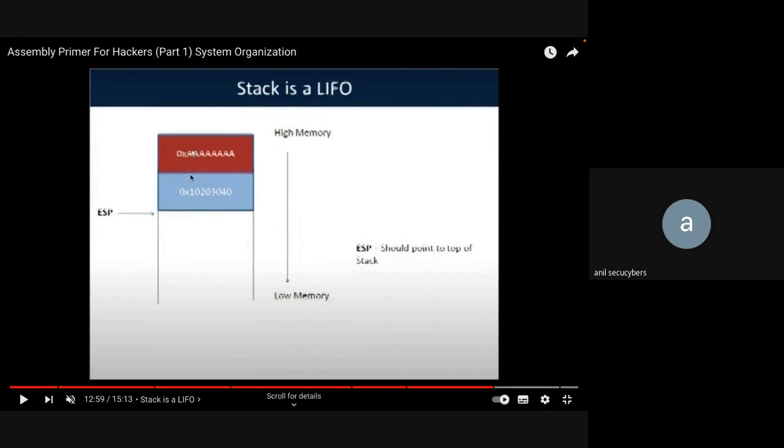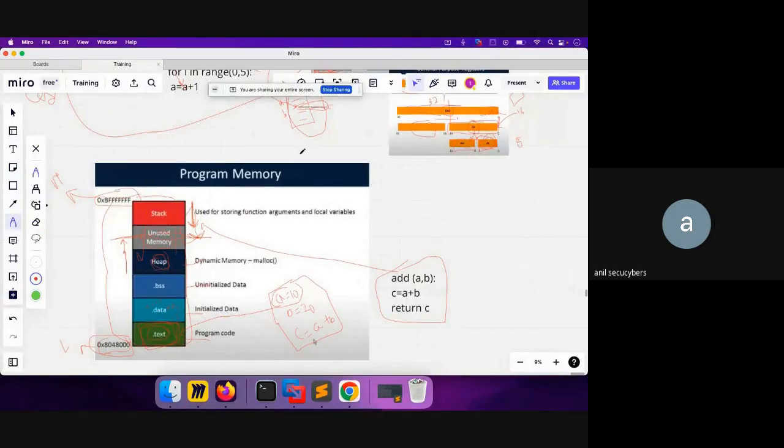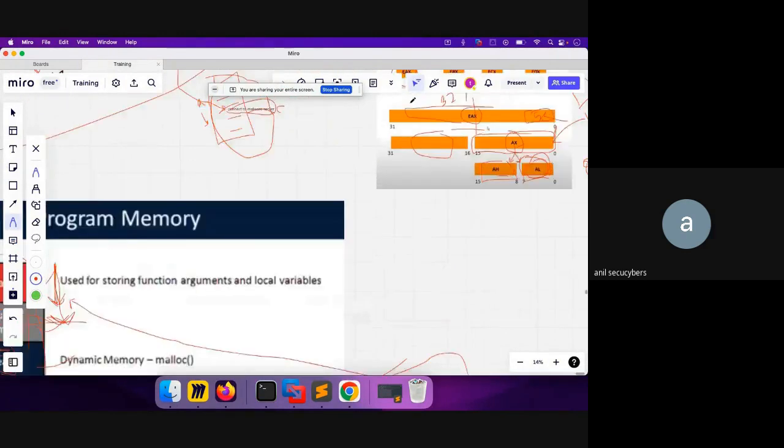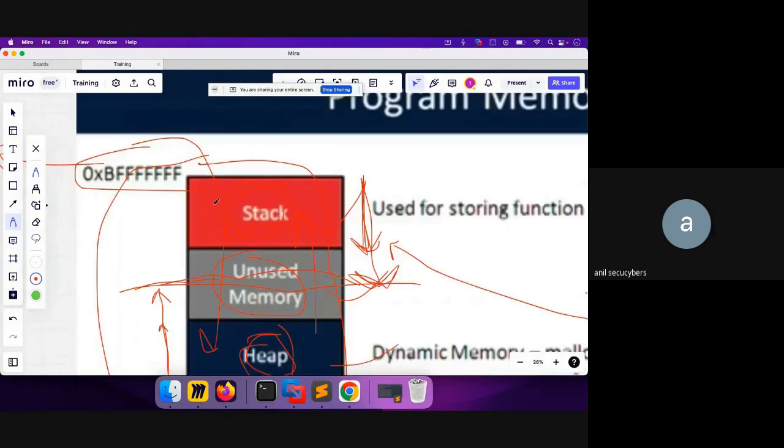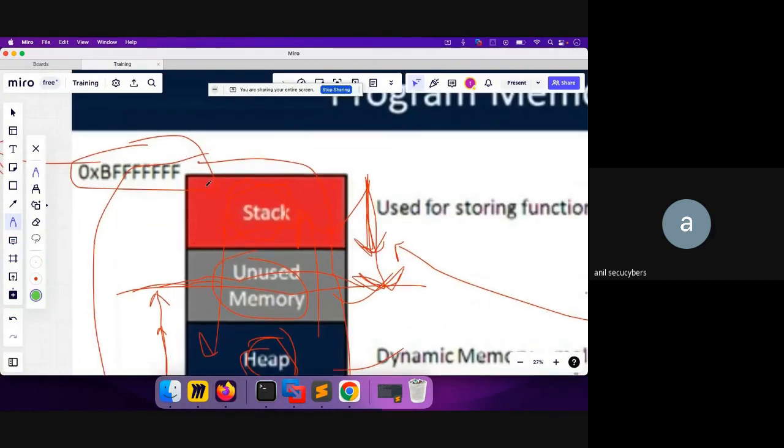In the stack memory, it is divided into chunks of data. Okay, so if you are dealing with a 32-bit CPU, this stack memory will be divided into multiple chunks like this, each with a space of 32 bits. For example, let's say each chunk will be a 32-bit space.